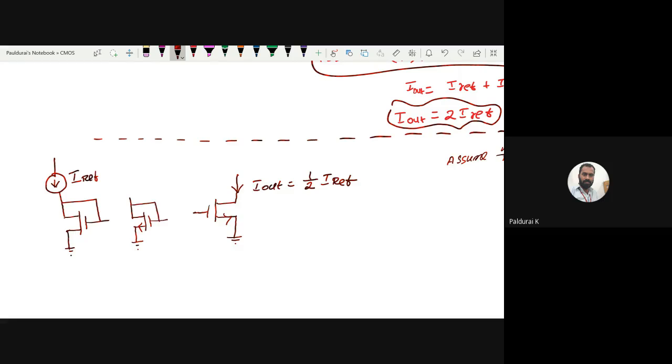Now connect them in parallel. Source to source is already shorted because both are connected to ground. You want to connect drain to drain, and you want to connect gate to gate. So now what will happen to this gate? Take this as my M1, this as my M1 prime, and this as my M2.